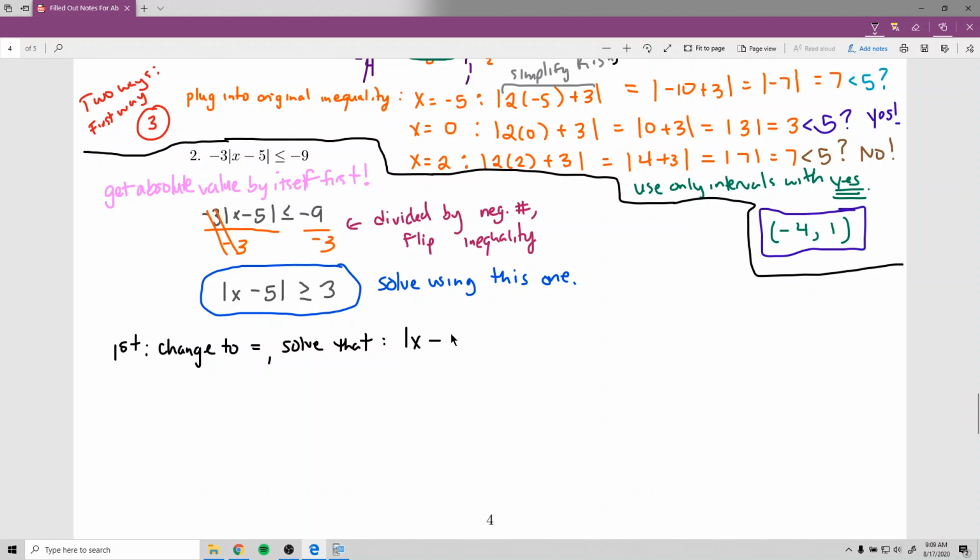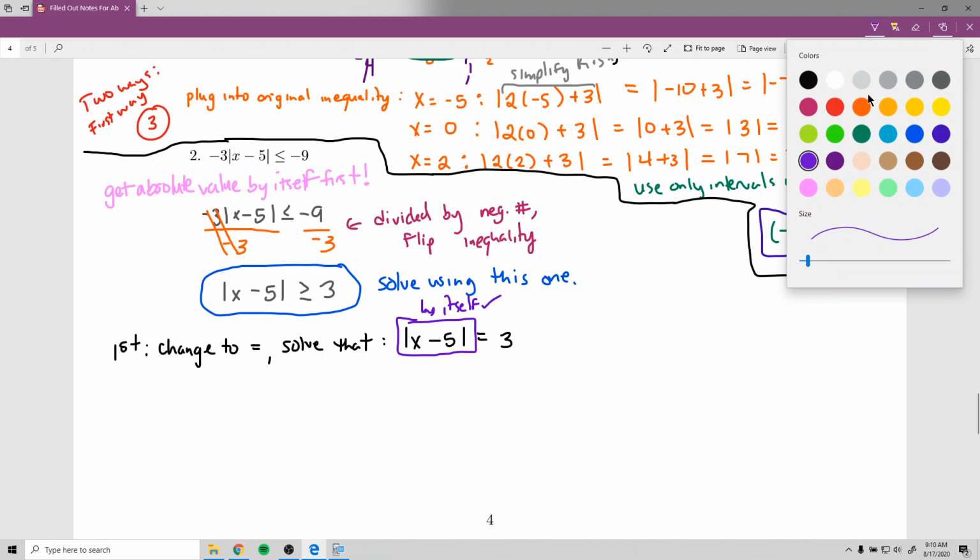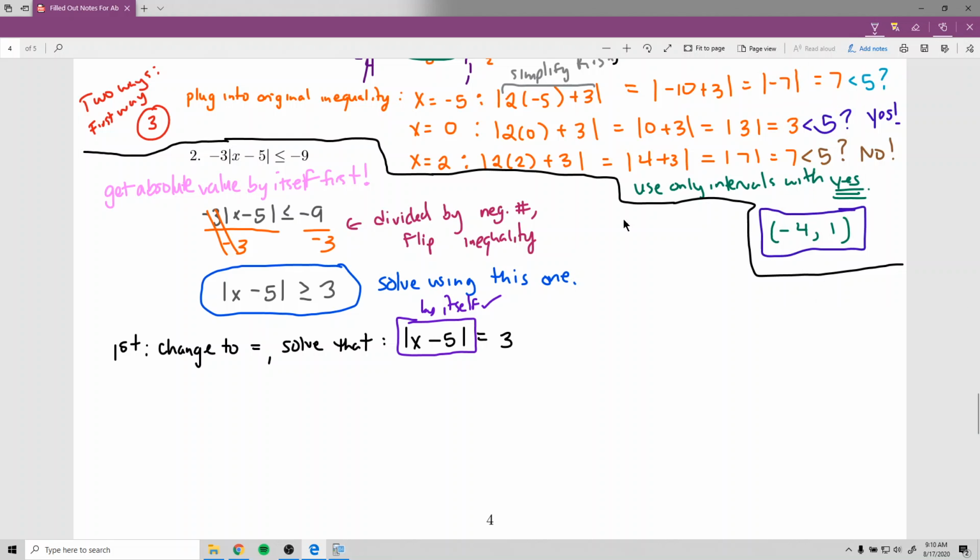We've got the absolute value of x minus 5, and we're going to set it equal to 3. Since you got the absolute value part by itself, that's already done for you. And then the number we can see is positive. So we make our two equations.